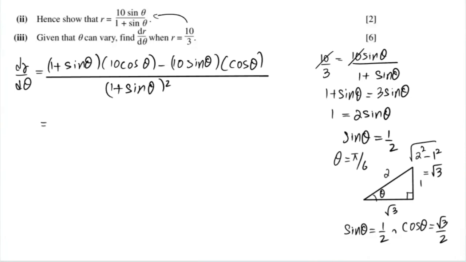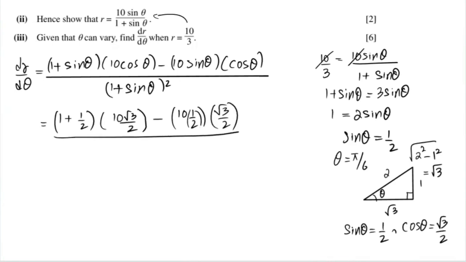So I just wanted to share a non-calculator trick to solve these kinds of questions. Okay, so let's put them in. I know that this is going to be just 1/2, and this is going to be 10 root 3 divided by 2 minus 10 times 1/2 times root 3 over 2, over 1 plus a half, squared. So let's get this.